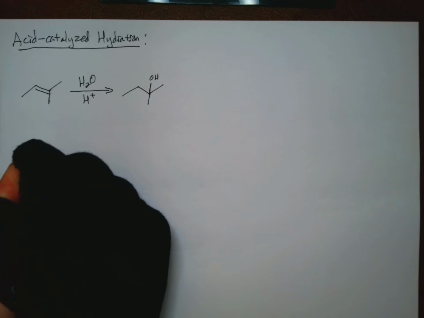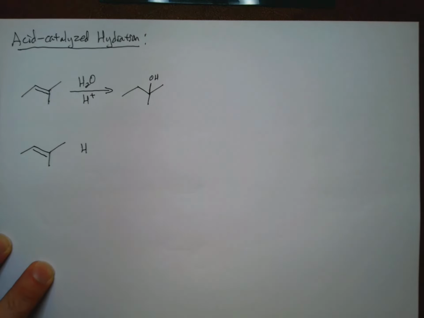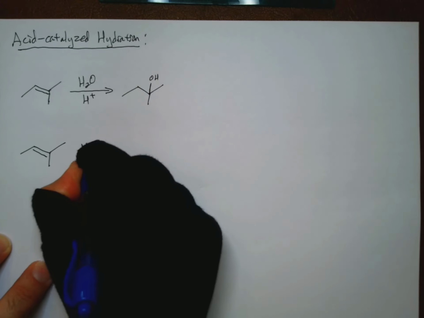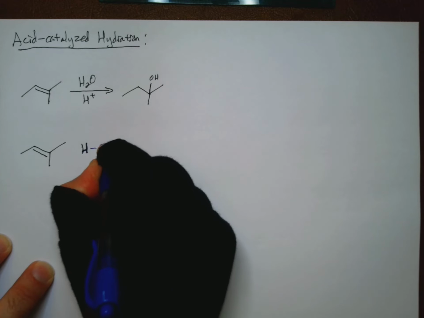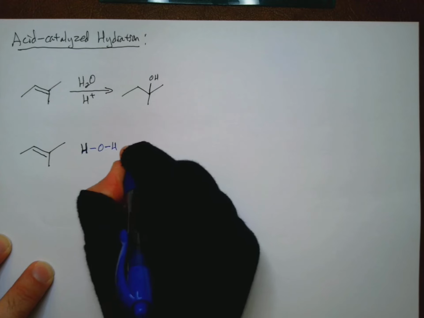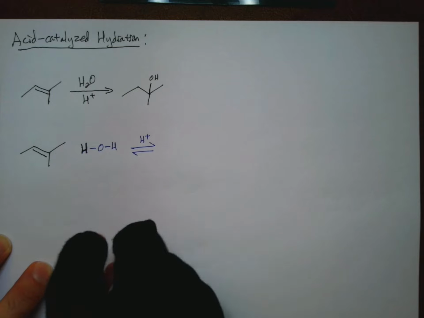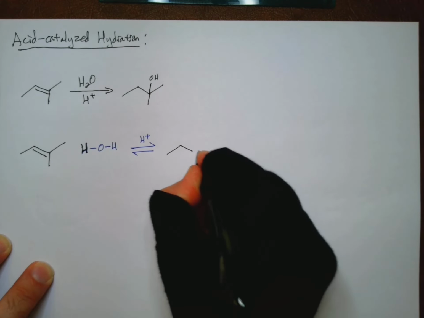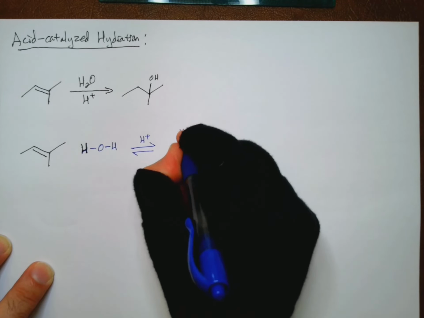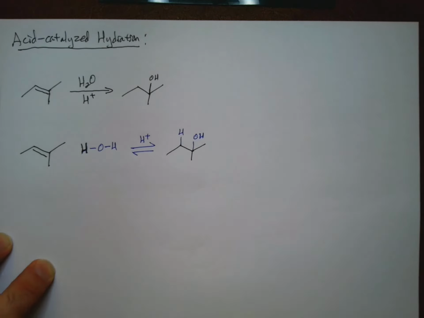Let me draw this out again. You know what, let me do this in a different color here. HOH. And with an acid catalyst, we will get the hydrogen adding to the less substituted and the OH adding to the more substituted.